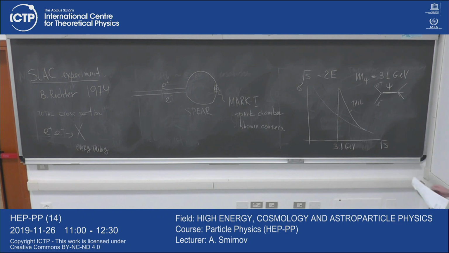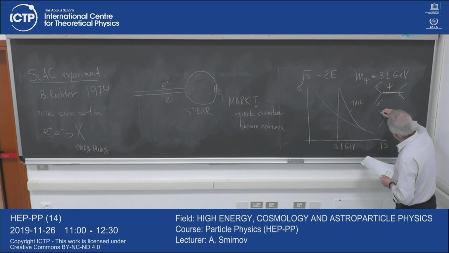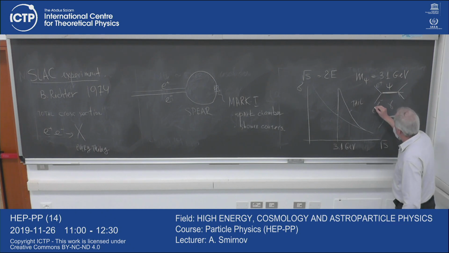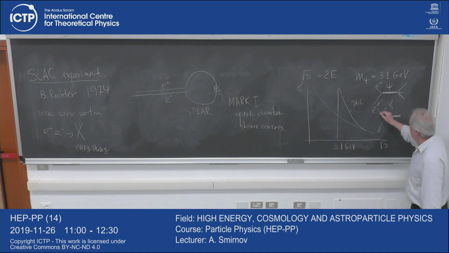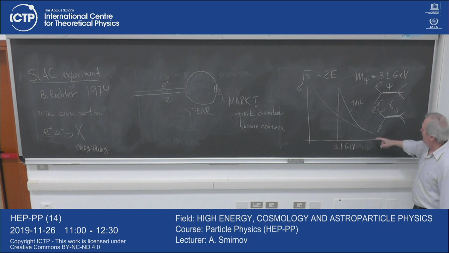Now the tail corresponds to the situation when you have e+ e- annihilation with emission of a gamma. If the electron or positron emits a gamma, of course you need slightly higher energy of the electron and positron to produce a given psi. And that tail corresponds to such a process where, apart from this new particle, you also produce a photon.